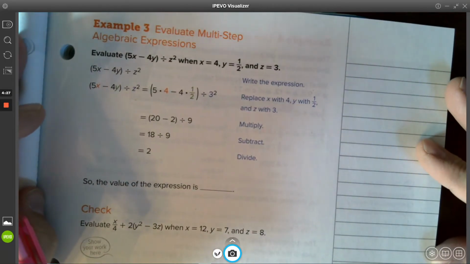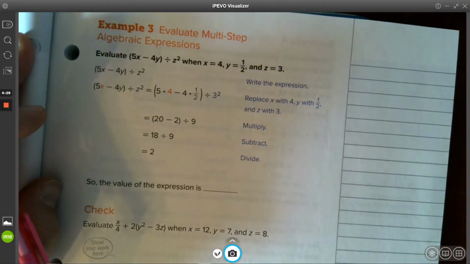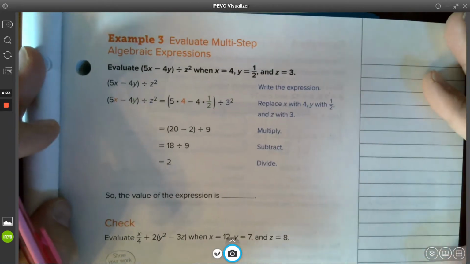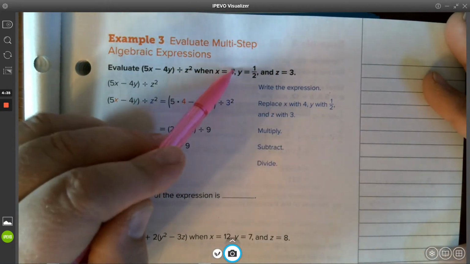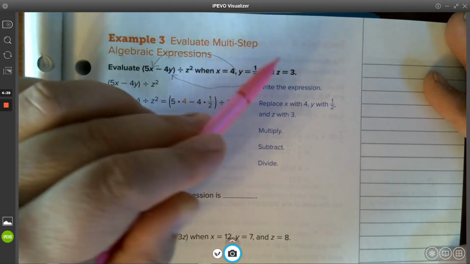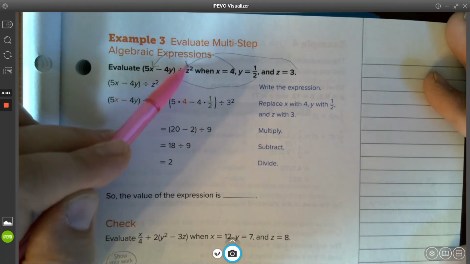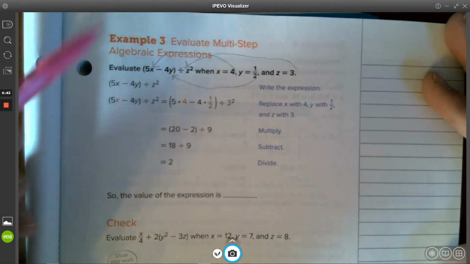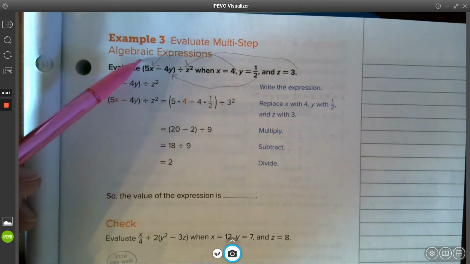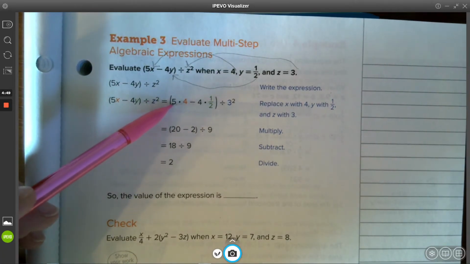So let's take a look at example 3, top of page 289. Now this one looks very long and complicated, but remember, all you have to do is plug in your values wherever you see the variables, and then solve according to the order of operations. You replace x with 4, so now you have 5 times 4.